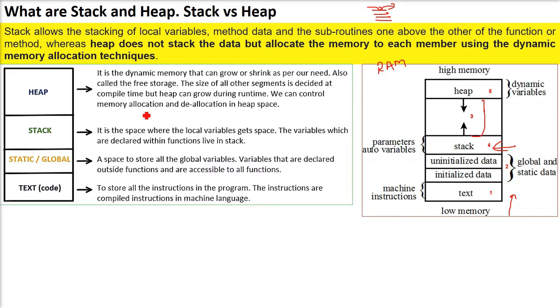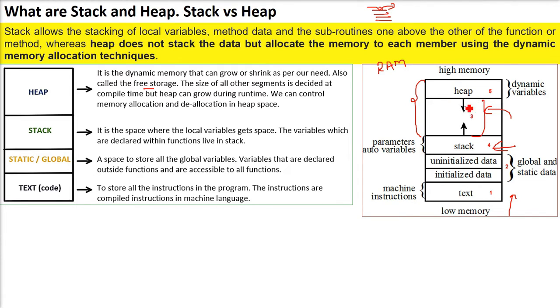The heap is dynamic memory that can grow or shrink as per our need. We also call it free storage. The size of all other segments is decided at compile time, but the heap can grow during runtime. So we can control memory allocation and deallocation in heap space.